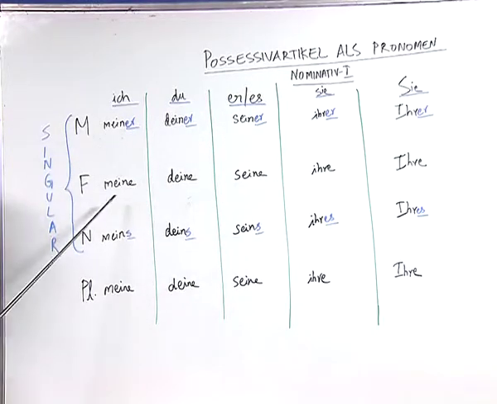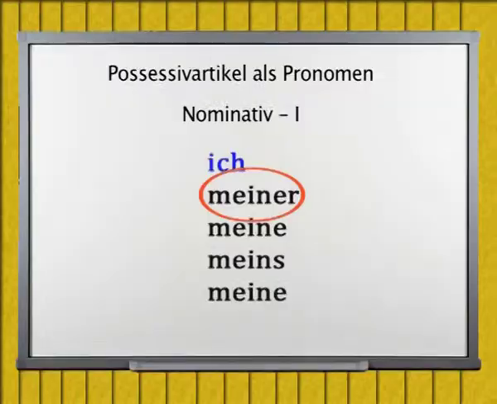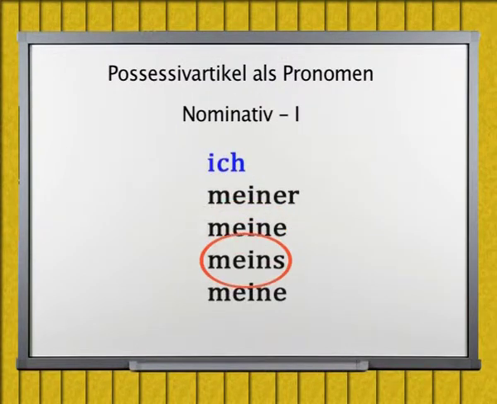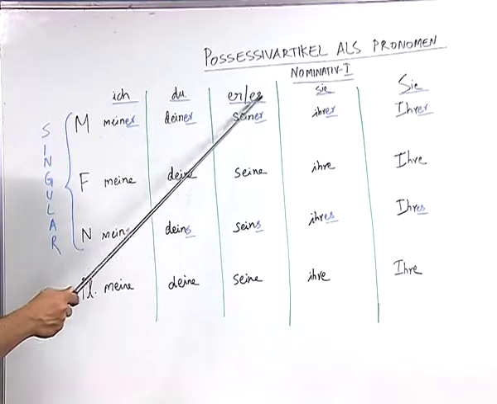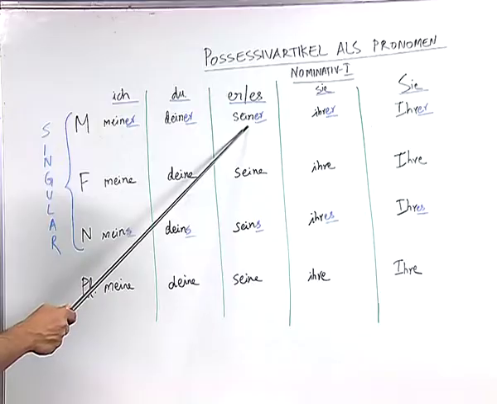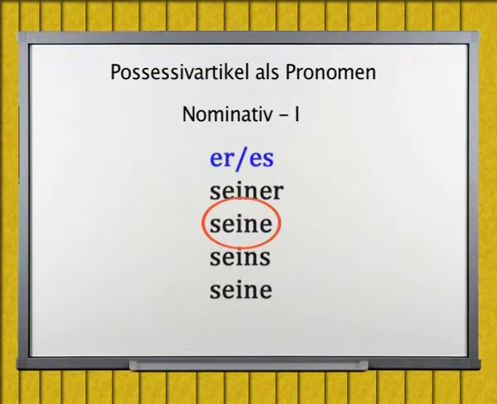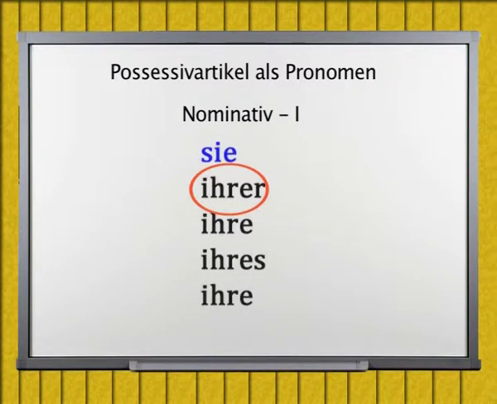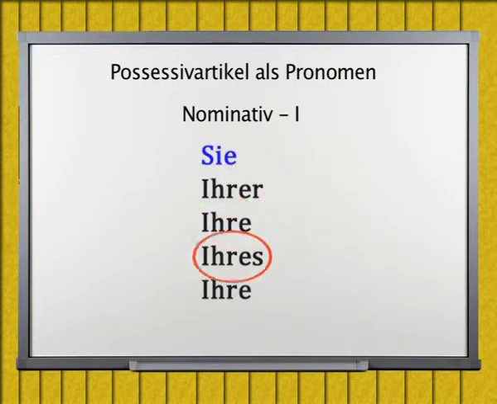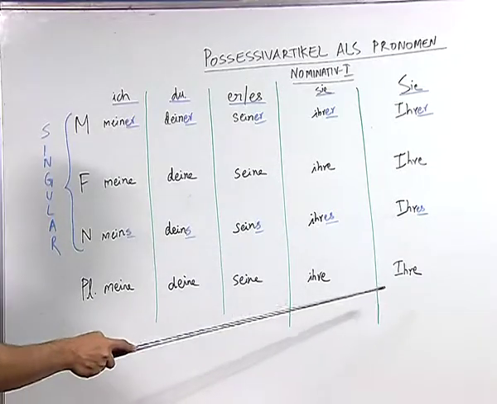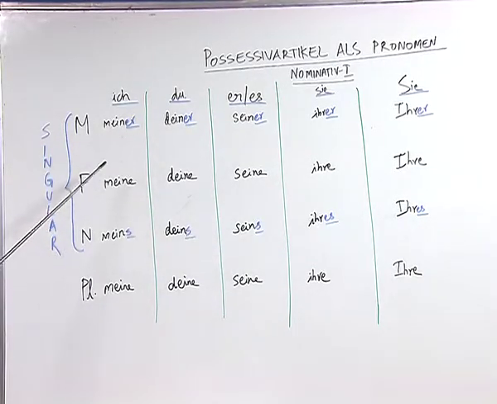So, here if you look, the table is quite clear: meiner, meine, meins and meine for ich, deiner, deine, deins and deine for du, and for er, sie, es, you know that they have the same possessive form which is seiner, seine, seins, seine, and for sie, ihrer, ihre, ihres, ihre, and for the second person formal Sie, Ihrer, Ihre, Ihres, Ihre. So, you are already familiar with this structure.